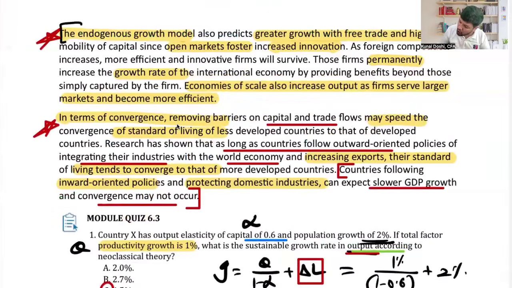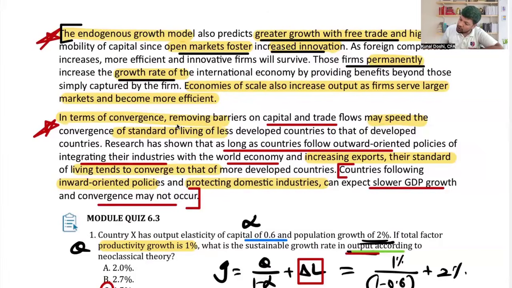Endogenous growth, on the other hand, predicts greater growth with free trade and high mobility of capital. Isn't it? But here, all of this should turn into high innovation. Basically, this should lead to high growth in technology. And those firms permanently increasing the growth will benefit.